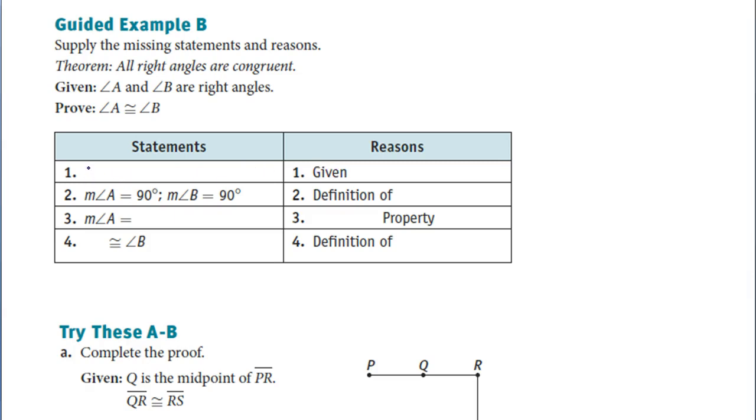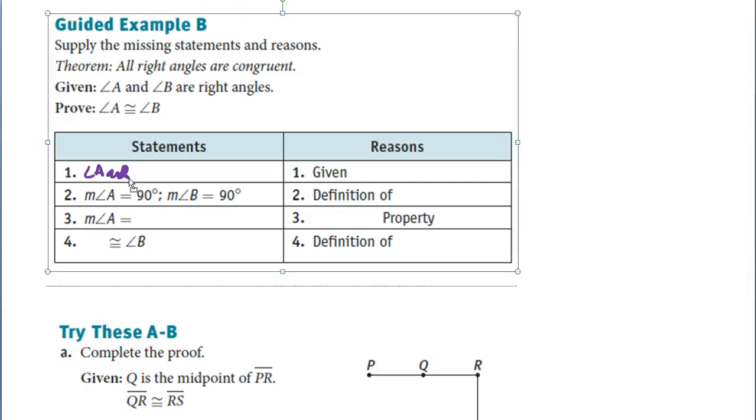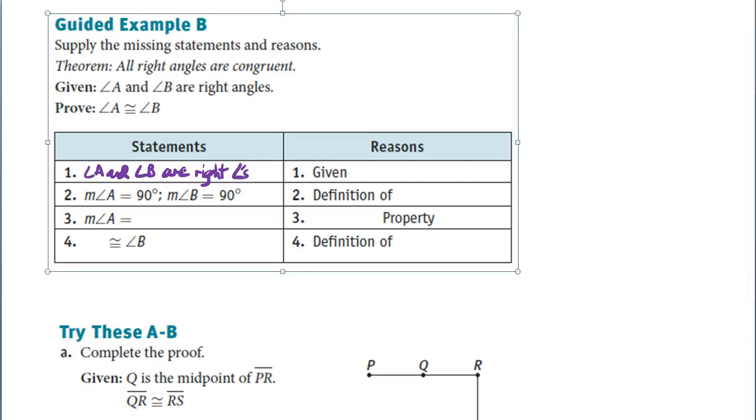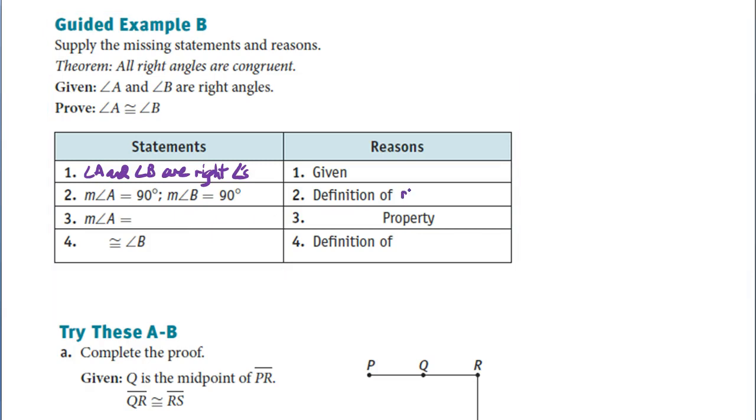So in this blank spot, we're copying down angle A and angle B are right angles. Because they are right angles, in the next statement we can say that the measure is equal to 90. And that's the definition of right angle.